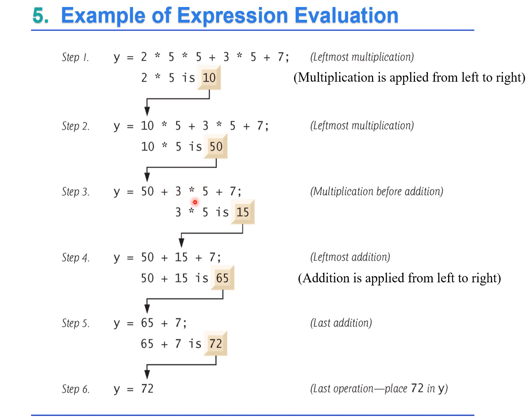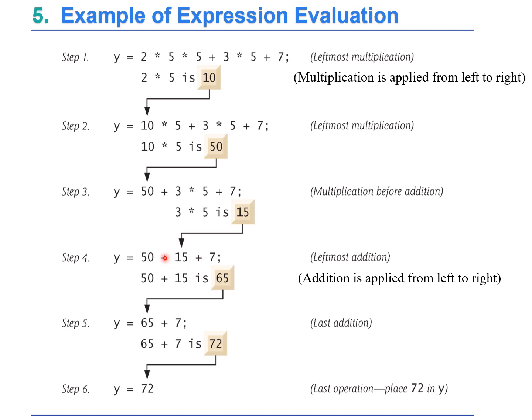We apply 3 multiplied by 5, which is 15, so we replace 3 multiplied by 5 with 15 in the evaluation path. Now we have just two remaining additions to evaluate, and we also evaluate from left to right.